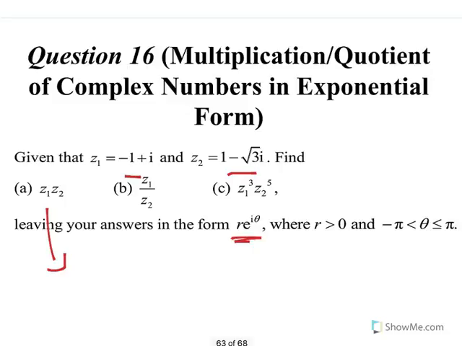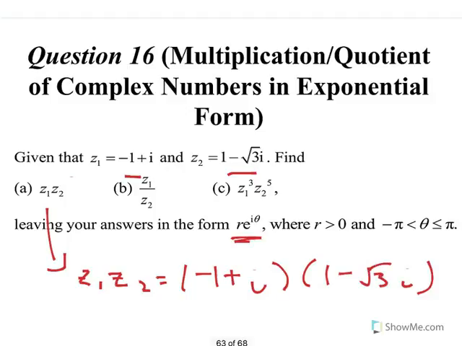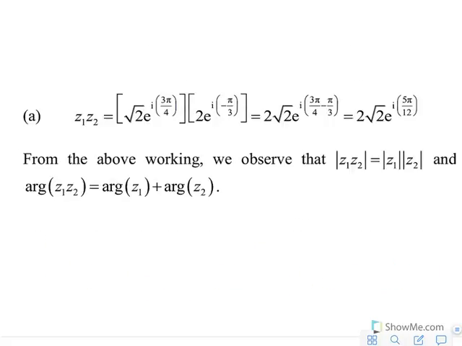Imagine if I take z1 multiplied by z2, that is negative 1 plus i multiplied by 1 minus square root 3 i. For this, I need to find the modulus and the argument. Is it easy? Not really, right? But children, you can see what they did: they actually expressed it in the exponential form.